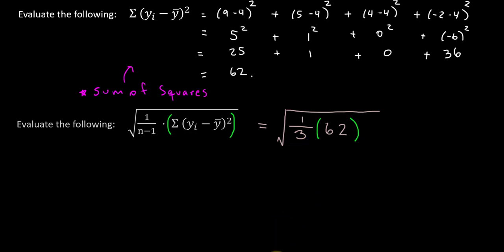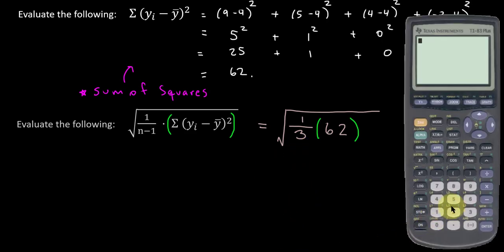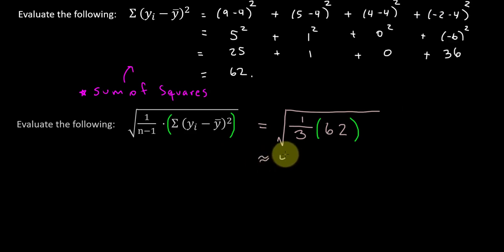I'm going to open my handy dandy calculator here. 62 divided by 3. And now we need to take the square root of that. This should be somewhere between 4 and 5. I can square root the answer. Awesome. 4.546. Cool.